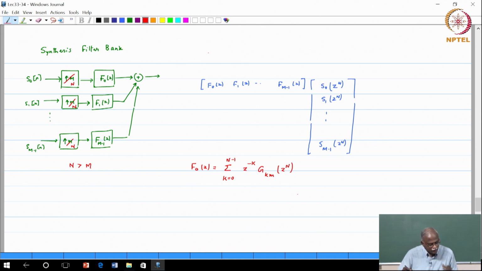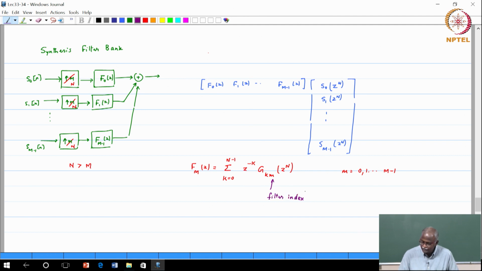Okay. Now, two indices are there. Basically, f m of z, where m can be 0, 1 through m minus 1, is the filter index. The second one represents the polyphase component index.